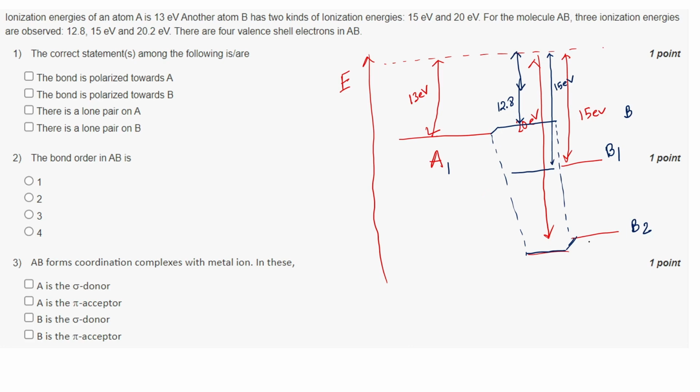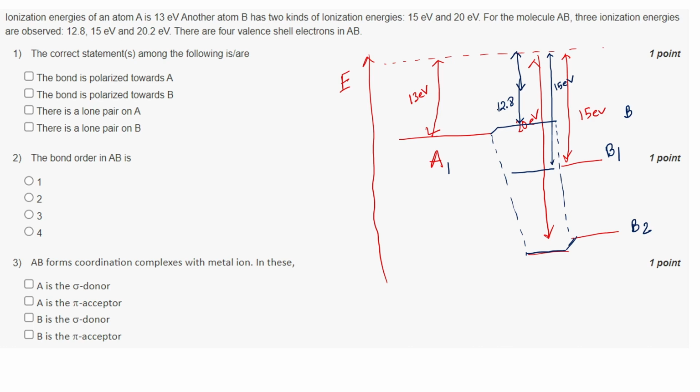So A1 and B2 actually form a bonding and anti-bonding, but B1 formed one non-bonding MO. Why is this so? The possible reason is that, however the energy is close, maybe the symmetry is not there between A1 and B1. That's why B1 is acting as non-bonding. The symmetry of A1 and B2 may be similar. That is why they are forming this kind of MO, right? One bonding MO, another anti-bonding MO.